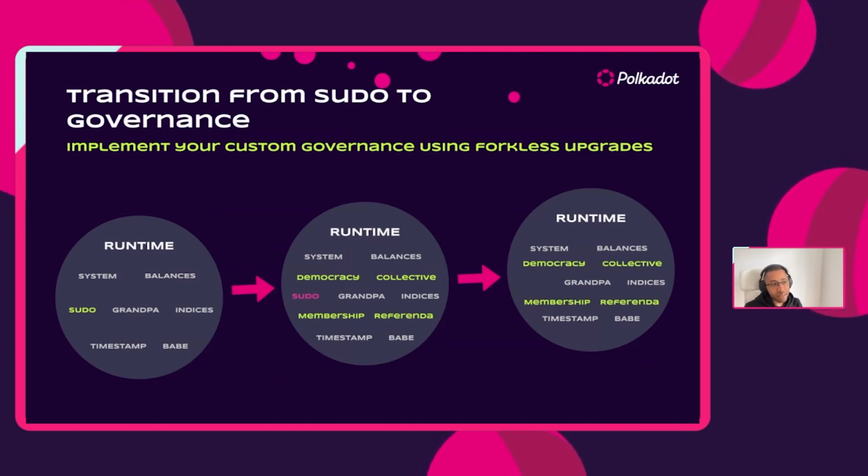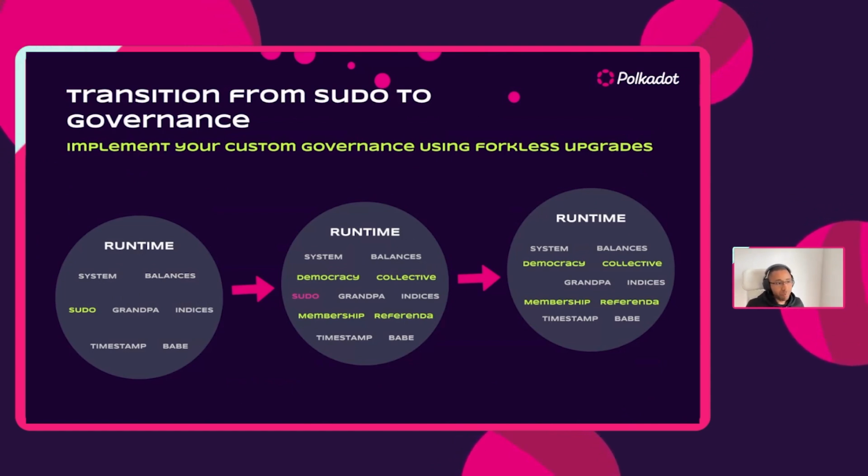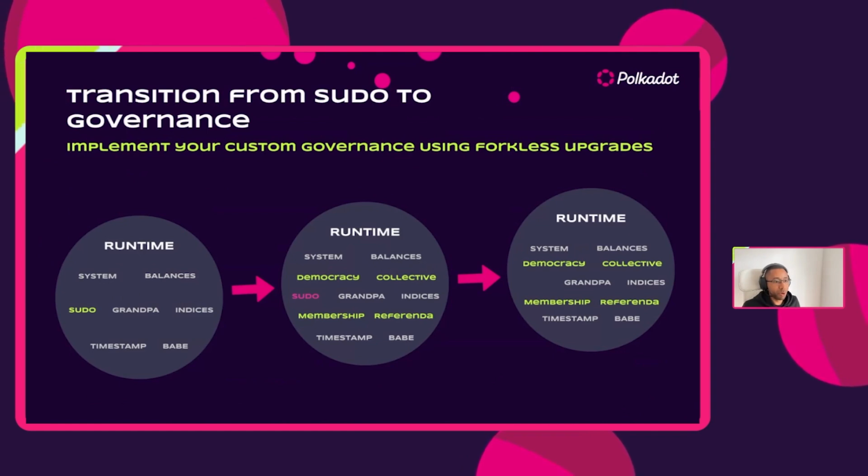There are several pallets already available within Substrate, and you can use or start from these to compose your own custom system of governance. These are pallets such as democracy, collective, membership, conviction voting, and a number of others. But you can also implement your own custom logic by creating new pallets to meet your specific needs.